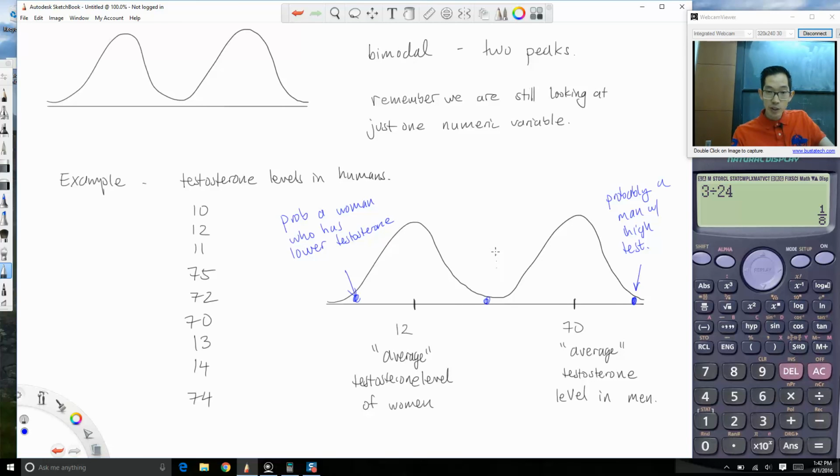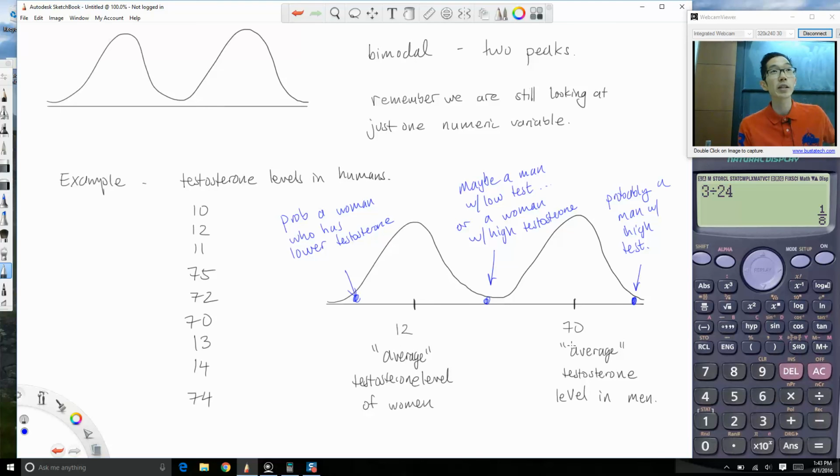And someone over here, this could be maybe a man with low testosterone, maybe a woman with high testosterone. We don't really know, okay? And so again, the key here is we're just looking at one numeric variable.